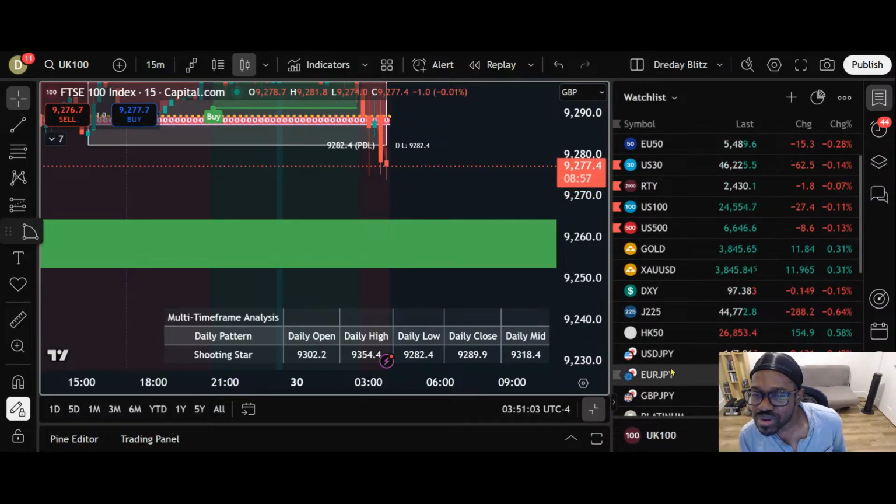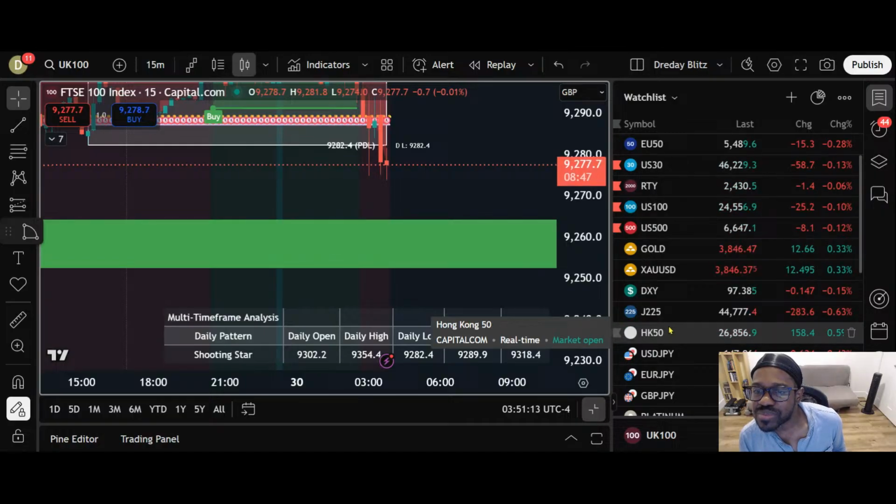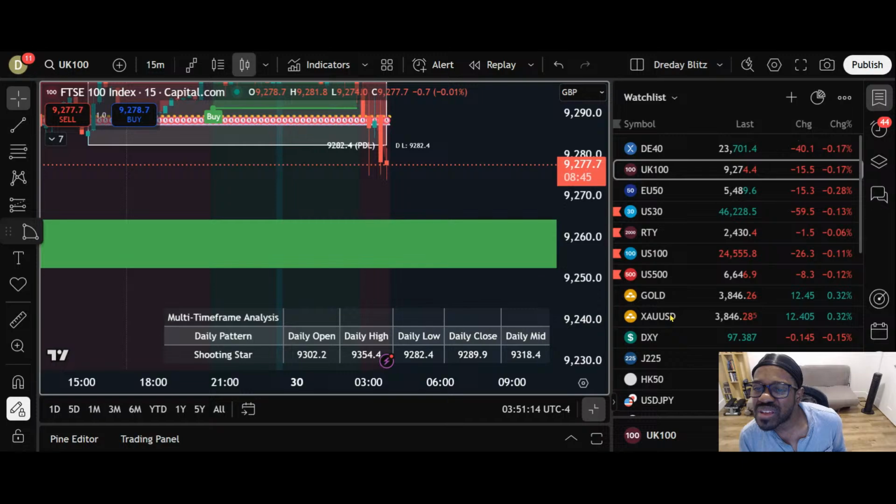London, we have four: German, Hong Kong, UK 100 and Euro 50, and also gold.